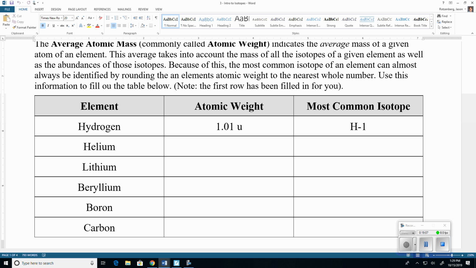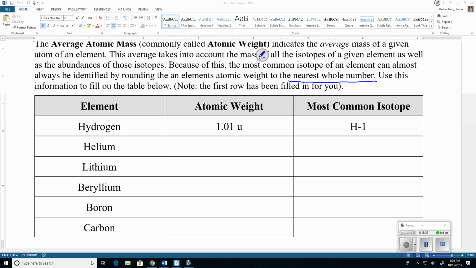Then, in this final column, you're going to think about which isotope is the most common for that element. And what this suggests doing is rounding the average atomic mass to the nearest whole number.